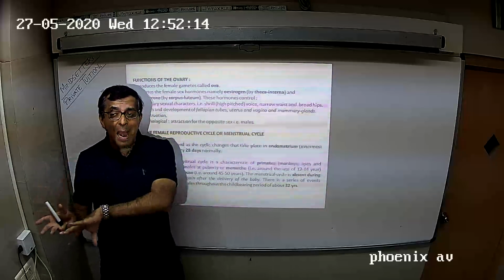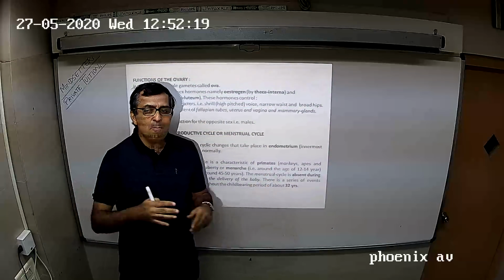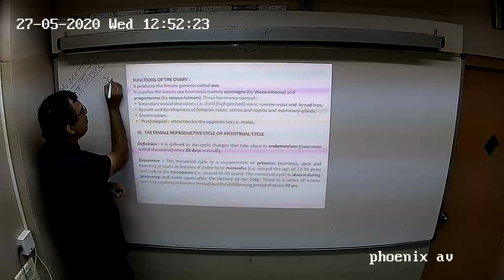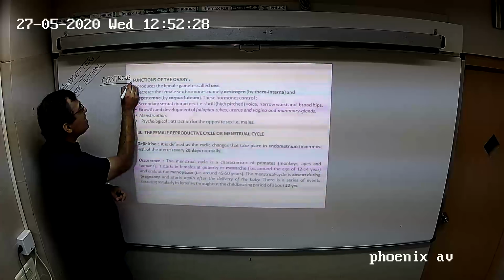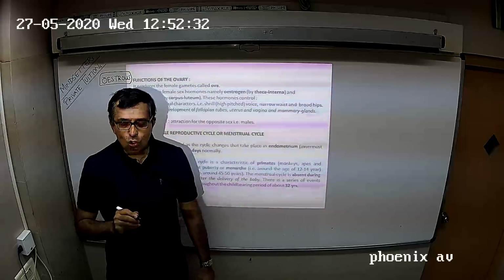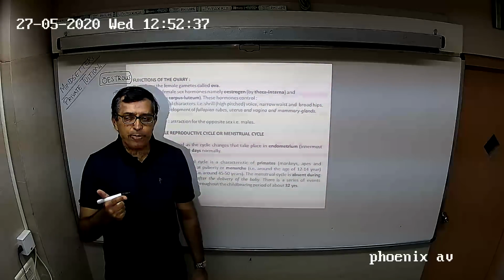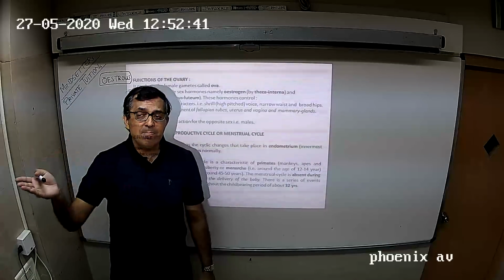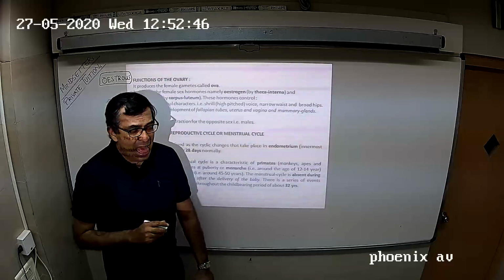Other mammals, non-primate mammals, show a similar cycle, but that is different and is called the estrous cycle. What is this cycle called? The estrous cycle. So mammals who are primates, monkeys, apes and humans show the menstrual cycle. Other mammals show a cycle called the estrous cycle.